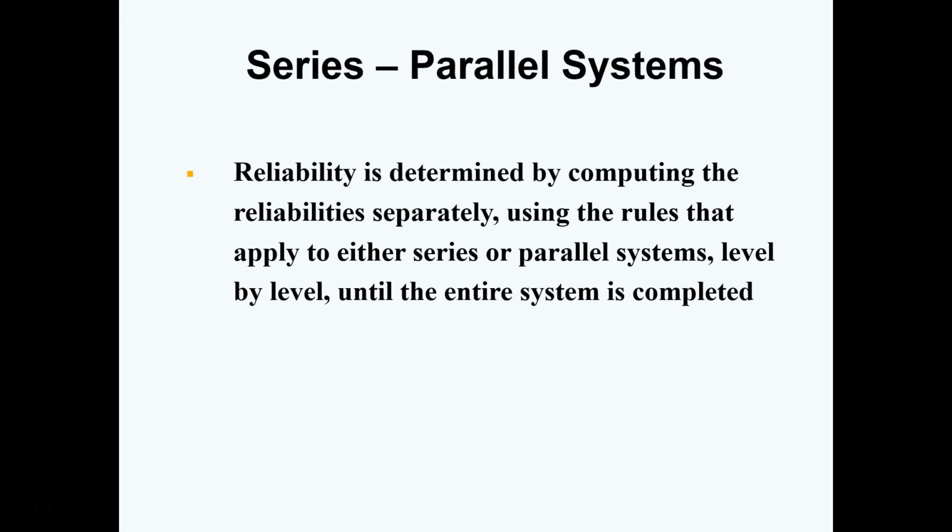So if we have the parallel, we can combine the parallel to get only one reliability, and then we put them all in series and multiply those values to get the reliability of the system. If it's the other way around, then we finish the series first and then we do the parallel. So it depends on what kind of system and what kind of combination we have. We can do it level by level until the entire system is completed.